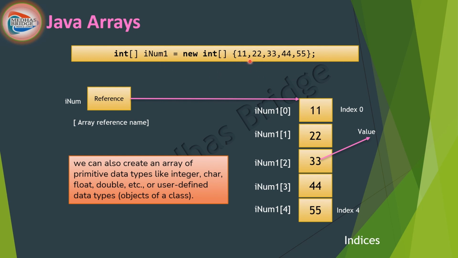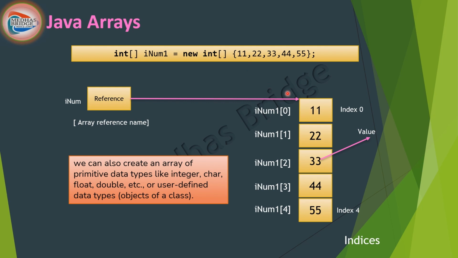So when you see these values, during the declaration, instantiation and initialization, all together you are doing it in a single line, which we will see in detail in a sample program. For now, my intention is to let you know that if you see an array of these elements, how you would refer to them using the inum reference variable. When memory gets allocated to store these values, this is how you see it.